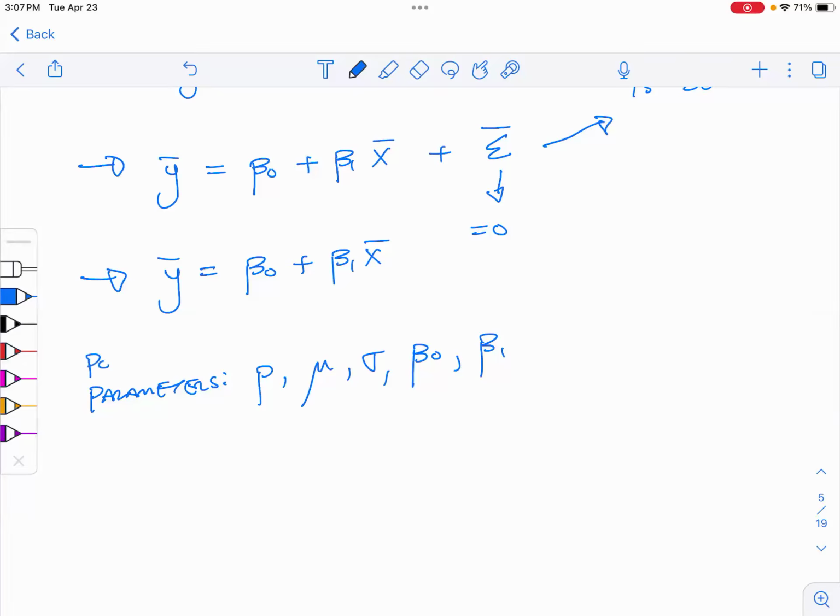We estimate those population parameters with sample statistics. For P, we estimate it with P hat. With mu, x bar, sigma, with S, and now our new notation. Beta 0, we will estimate with B0. And beta 1, we will estimate with B1.